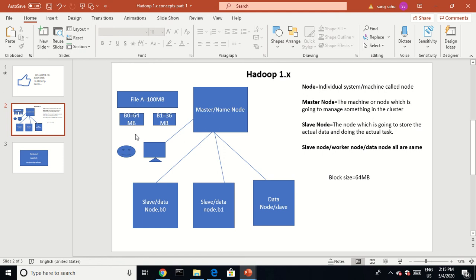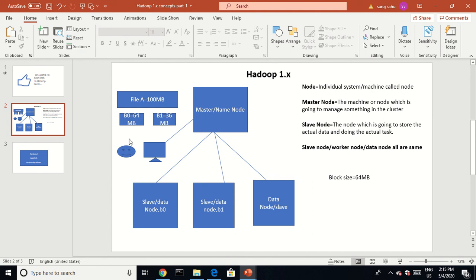Why is it divided? Because it is going to be distributed across multiple nodes. Who divides the file into blocks? The Hadoop software. So in the client machine also, I have to install the Hadoop software, so that it can communicate with the Hadoop cluster and divide the file into blocks.